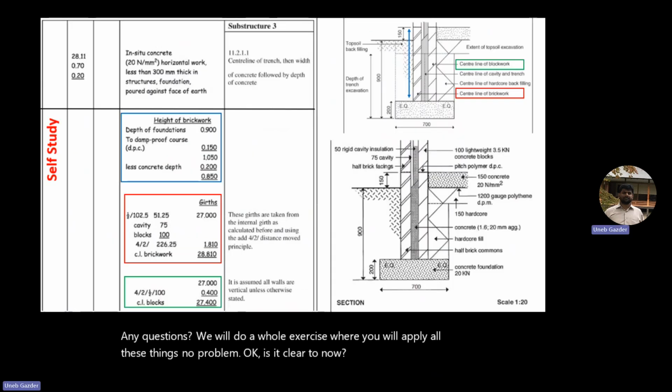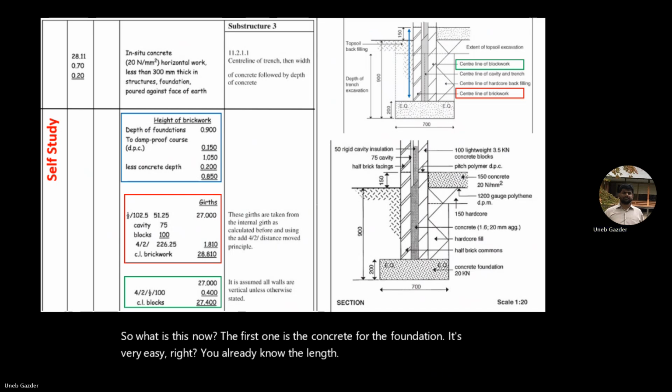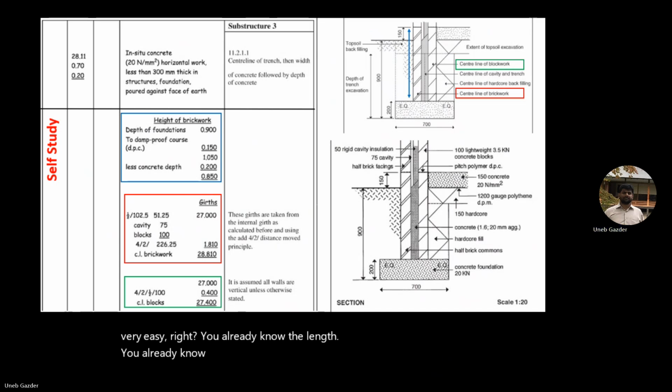So what is this now? The first one is the concrete for the foundation. It's very easy, right? You already know the length, which you calculated, the center line. The width is given, and the height.